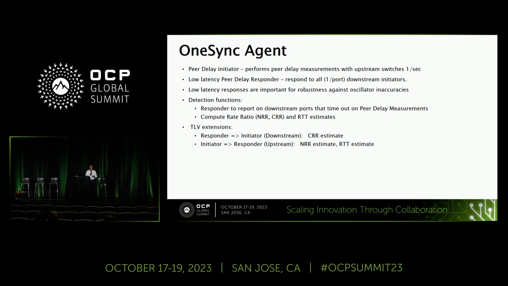And the way it works is the switch will send P delay initiation messages to the upstream switch, and then the upstream switch will respond to the downstream switch. And the delay responder needs to respond in a very, very fast manner for this mechanism to work. Otherwise, you will not be able to come up with the right measurements.